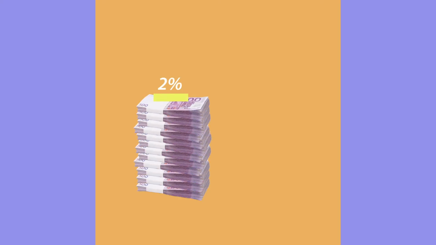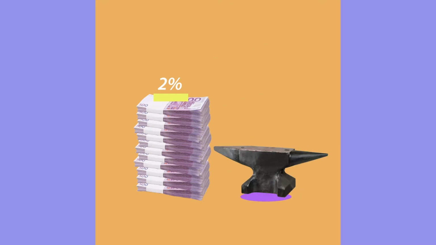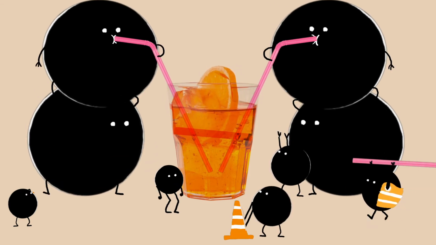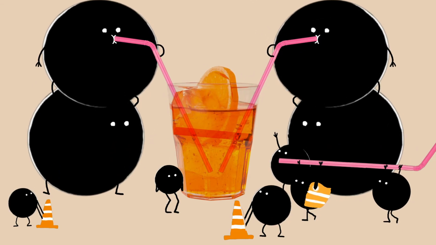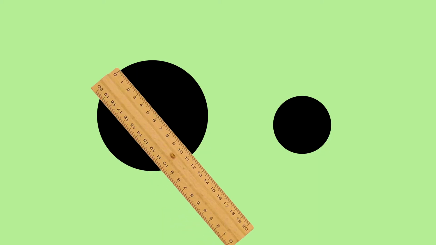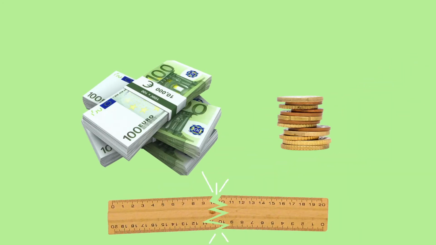Today, only 2% of CAP beneficiaries receive nearly 30% of subsidies, while nearly 40% of farmers receive no money at all because their farms are too small to count. Lobby groups and big businesses take advantage of the current system and use their power to prevent real change. To solve this problem, subsidies should not be calculated according to the farm size.